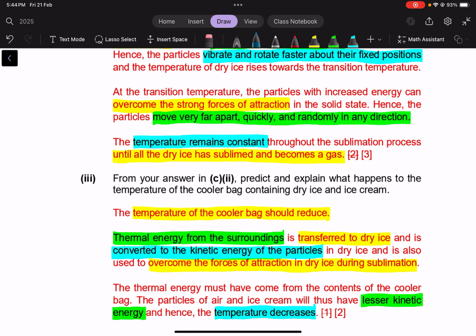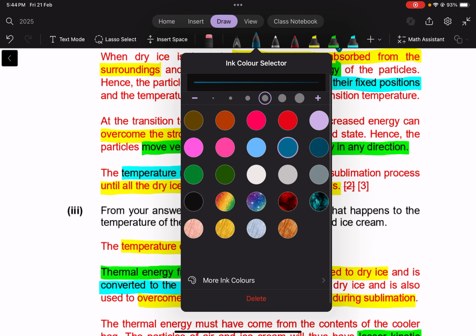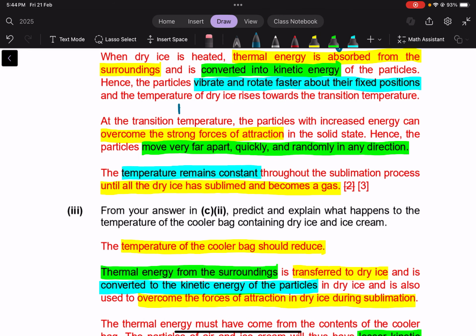Then the second portion of your answer should talk about the transition temperature. So at the point where the change in state occurs, be it melting, boiling, freezing or condensation, at this particular point, be it the melting point or the boiling point, what happens at the particle level?